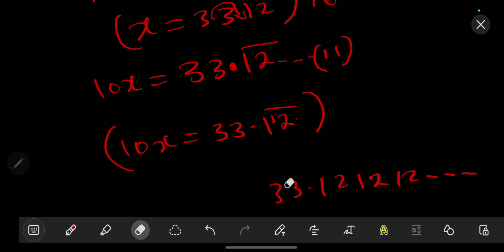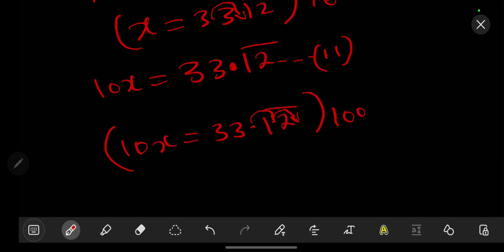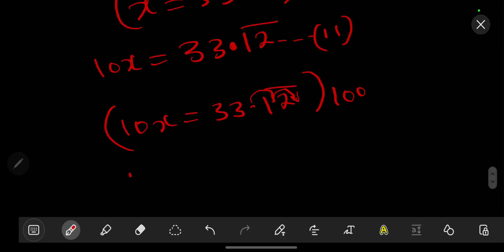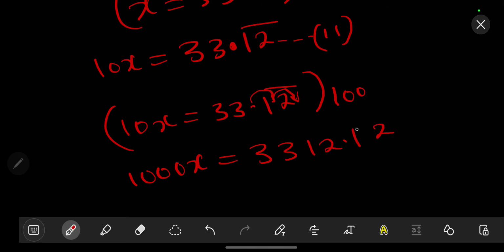So we need to move the decimal point 2 times so that we have 1, 2 again. 100 is the one that can move the decimal point twice. So 100 times 10 gives us 1000, and 1000x is equal to 3312.12 repeating.